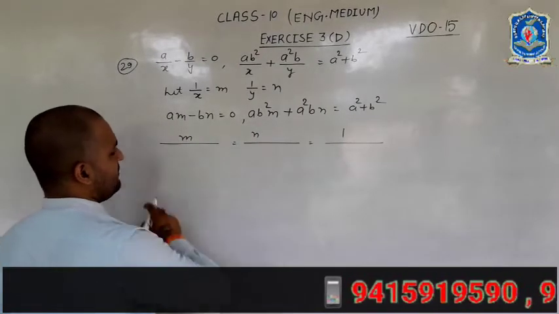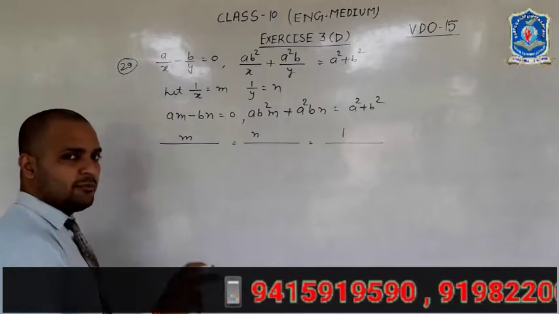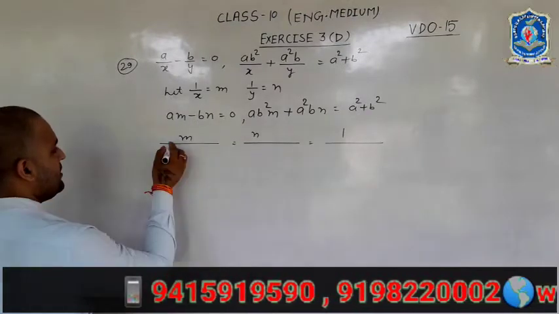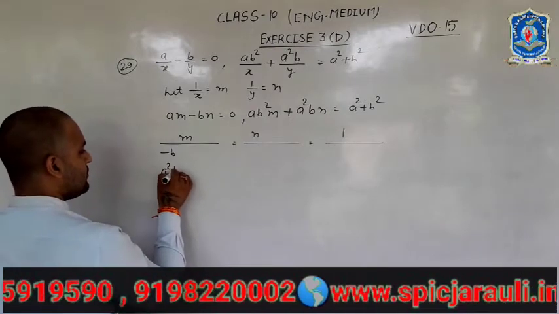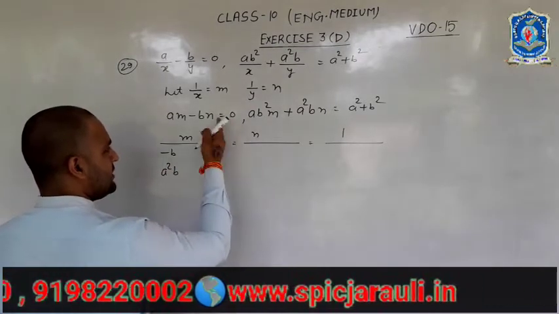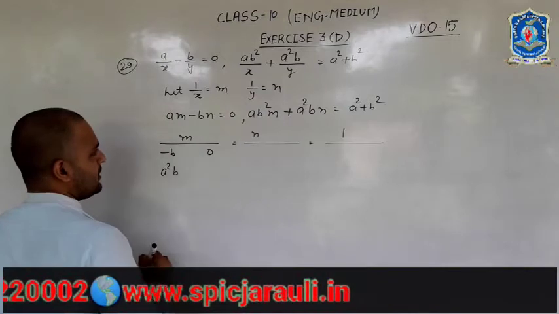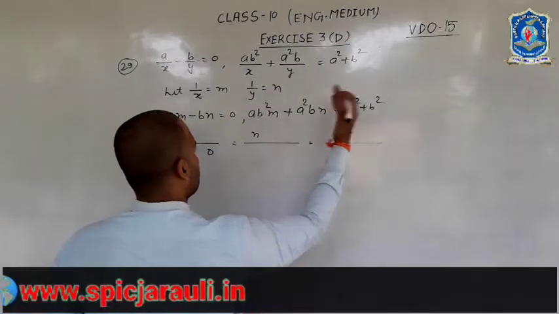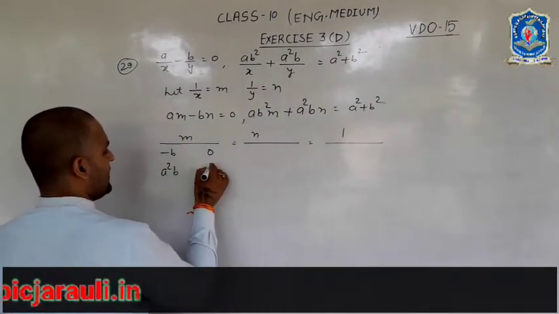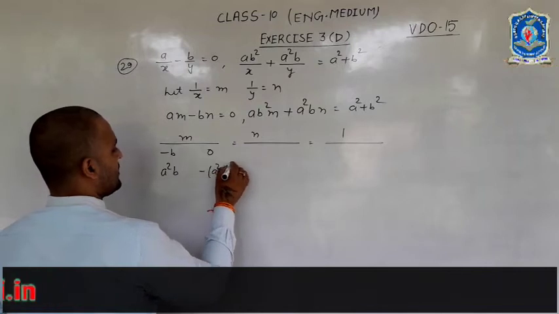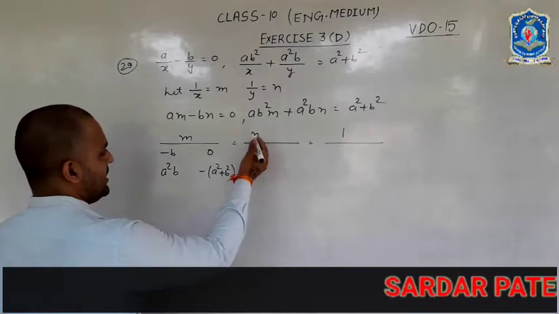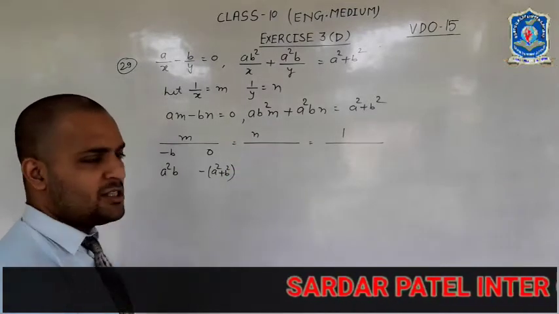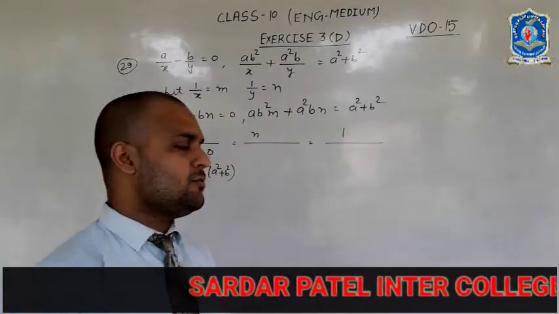For m, we take b1, b2, c1, c2. Here b1, b2, c1 is 0, and c2 is minus a square plus b square. Okay, you got it? Here for n, we take c1, c2, a1, a2.